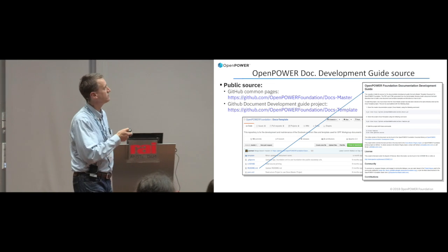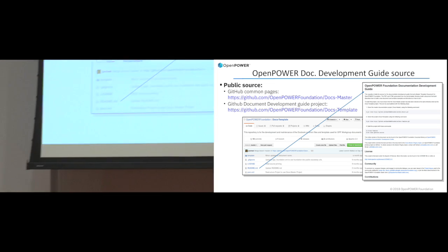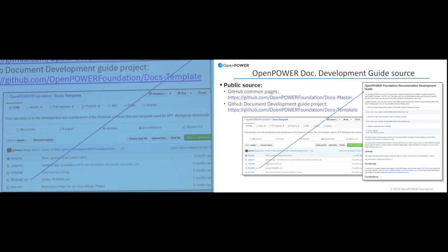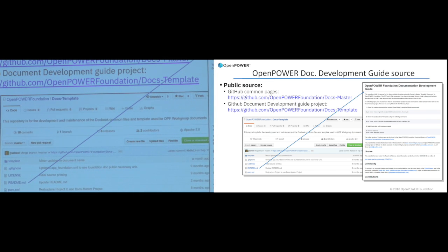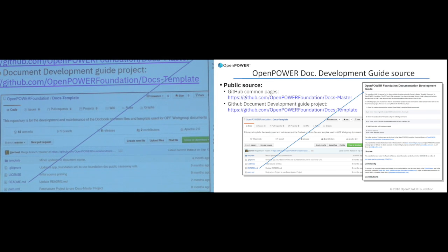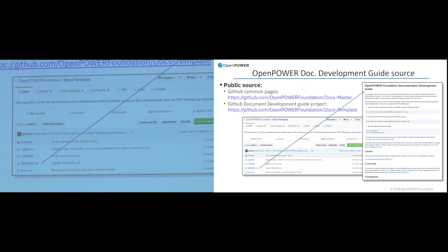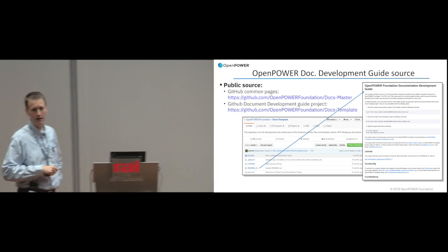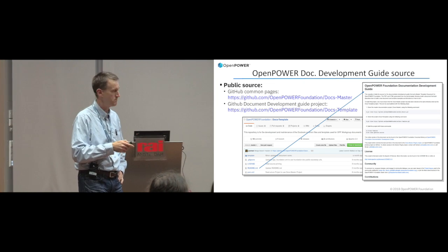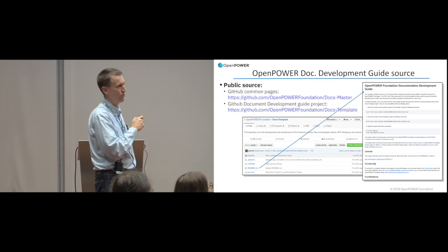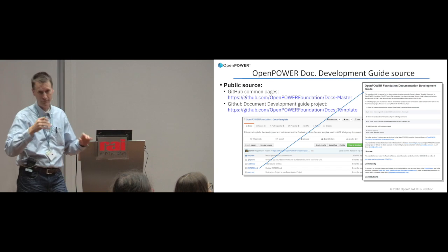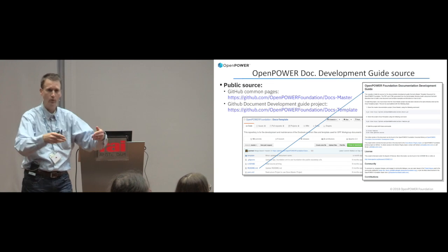If you go out to GitHub, to the OpenPOWER Foundation community, most of what I show you falls out of this docs template directory. But there really are two projects you need to care about for about 30 seconds before you get going.